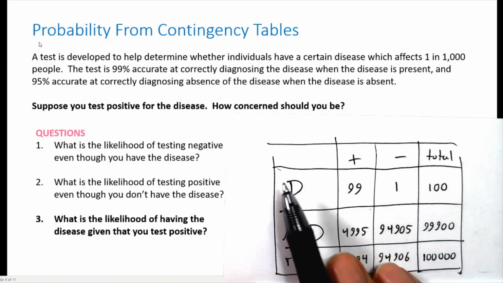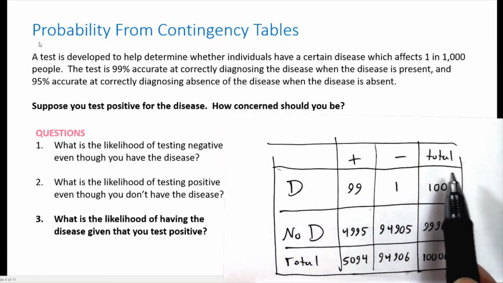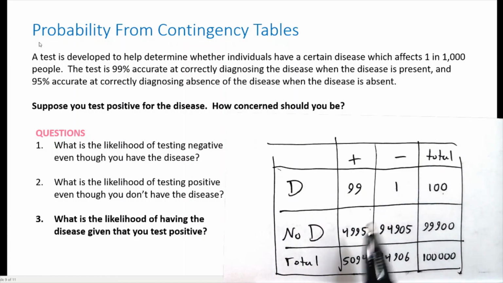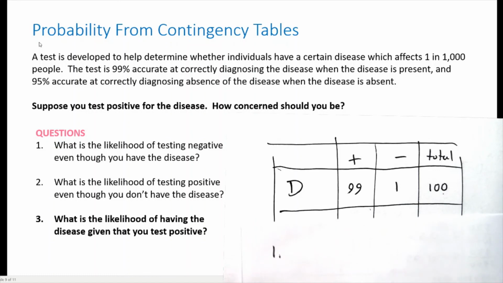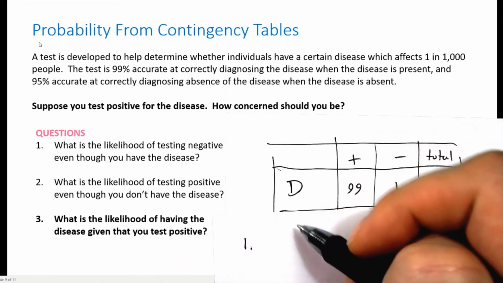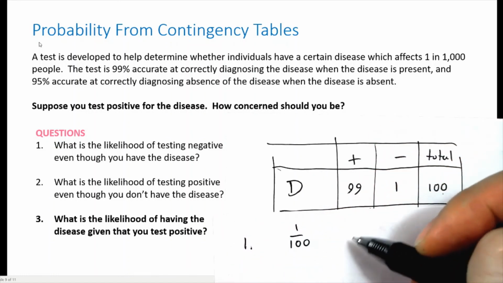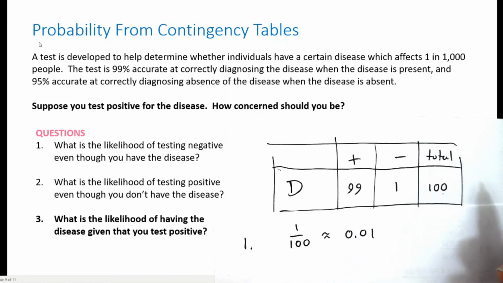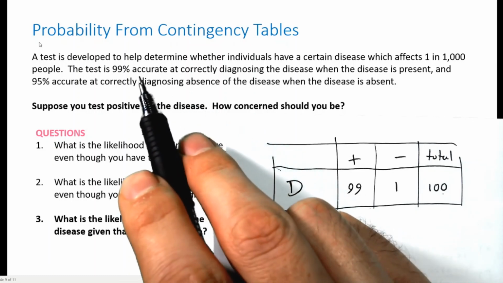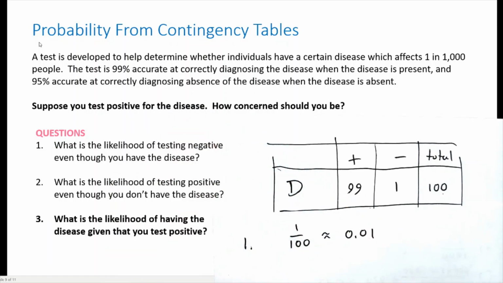Now, what's the probability of testing negative? Well, there's only 1 person out of 100. Note that this becomes our denominator because we're restricting ourselves to this row. So it's going to be 1 out of 100, or 0.01, the probability of testing negative even though you have the disease.